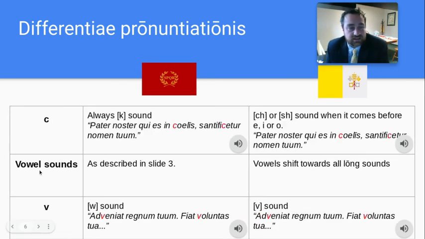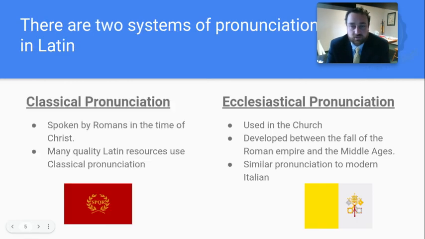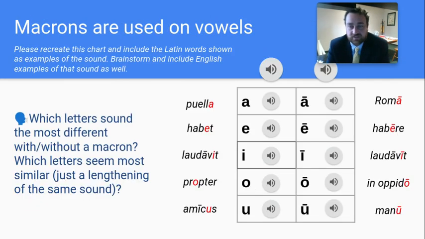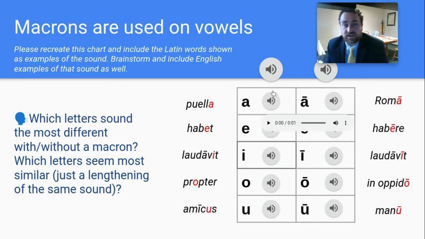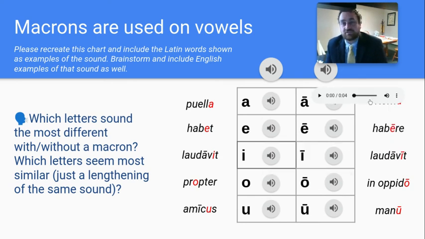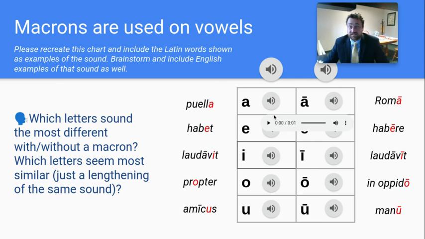The next one is vowel sounds. So what we just talked about with the vowel sounds, this is how classical pronunciation works, with long vowels and short vowels. Each vowel has a long and a short version, and this is how they sound.